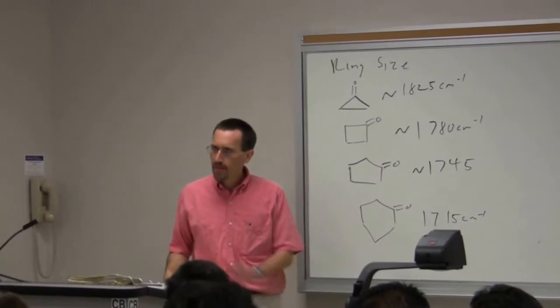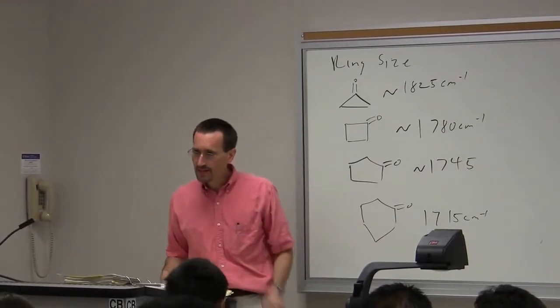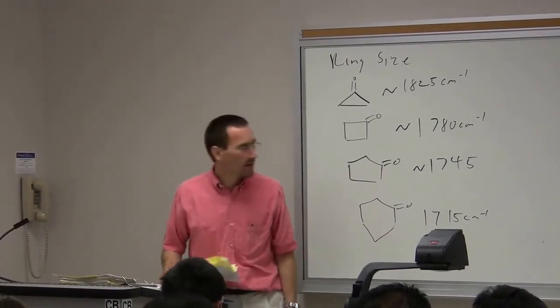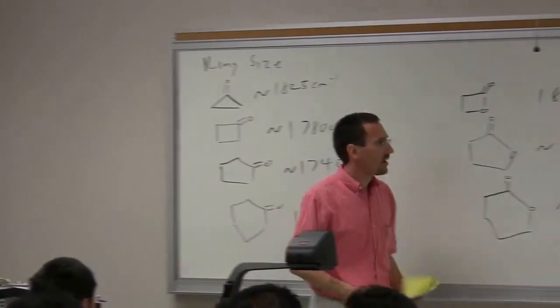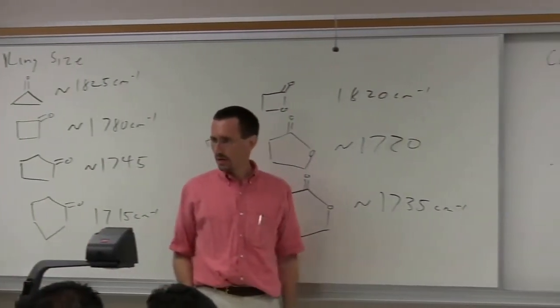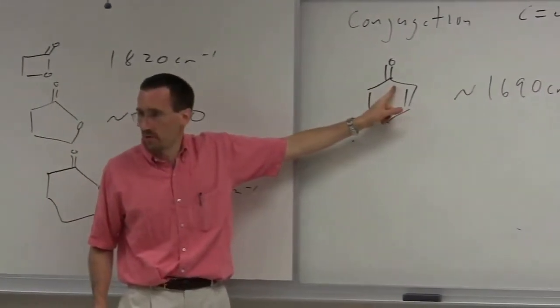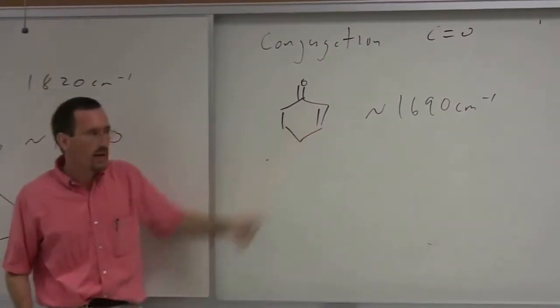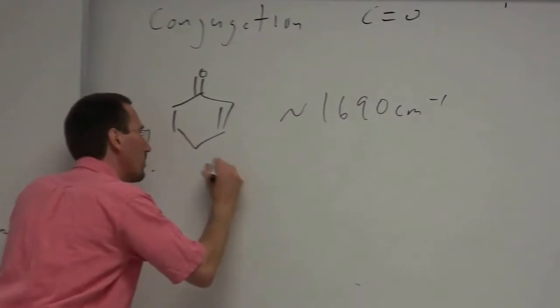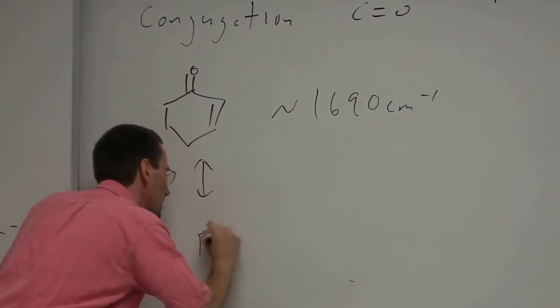That makes sense. Why does it make sense? Because conjugation makes the carbonyl bond have more single bond character, and it should be lower in wavelength, lower in frequency rather.